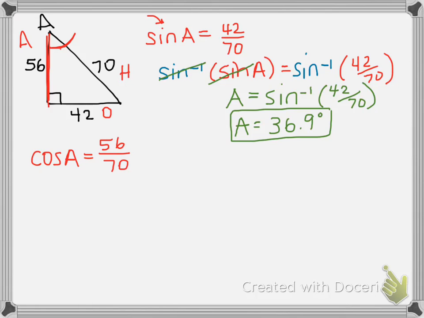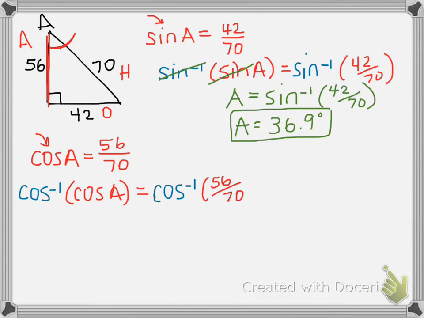So, and then again, since we're using our cosine trig function, we can use cosine inverse to go ahead and find our angle. Now, when you do this, do you think that you're going to get the same or something different than what we already have? Well, if you said we're going to get the same thing, you would be right.